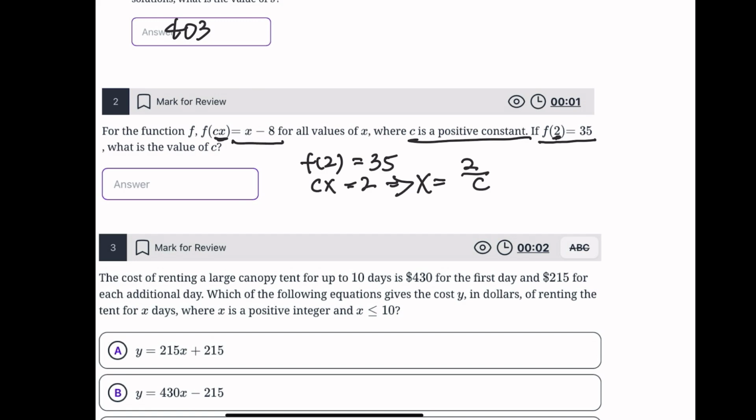So we plug this x is equal to 2 over c into this equation. So 2 over c minus 8 is equal to 35. So 2 over c is equal to 43. So c is equal to 2 over 43.